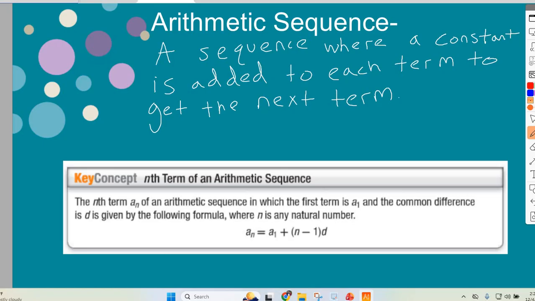So like that first example we did, we were adding 3 each time. So that would have been an arithmetic sequence because we were adding 3.